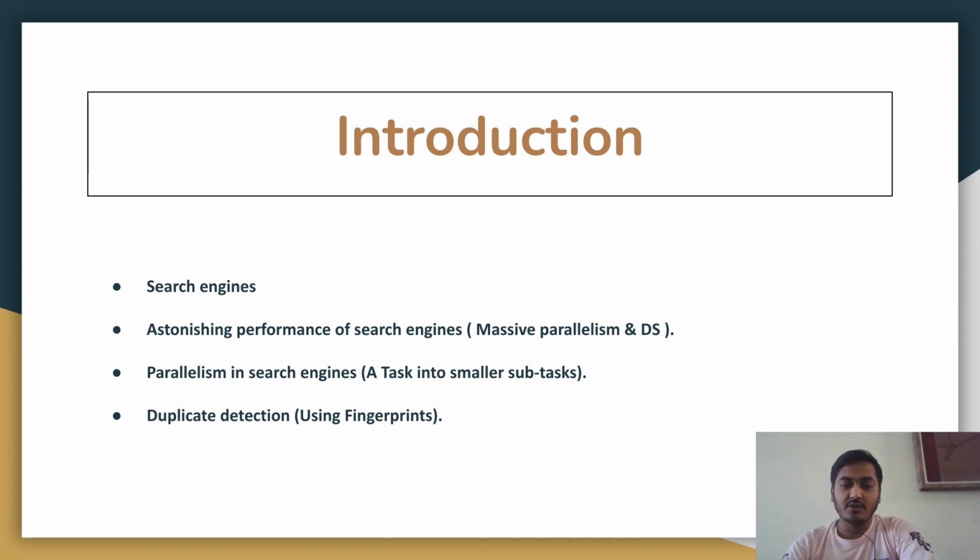Let's talk about massive parallelism, and how it works to extract relevant documents efficiently. Let's say we have billions of documents. We take 1000 parallel machines and give 1 million documents to every machine.